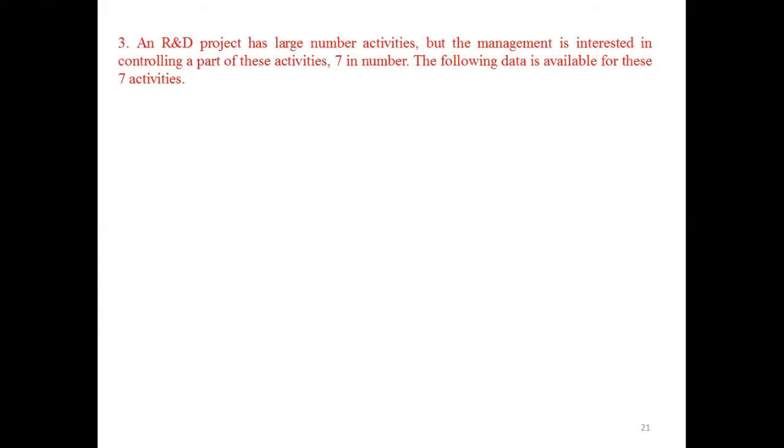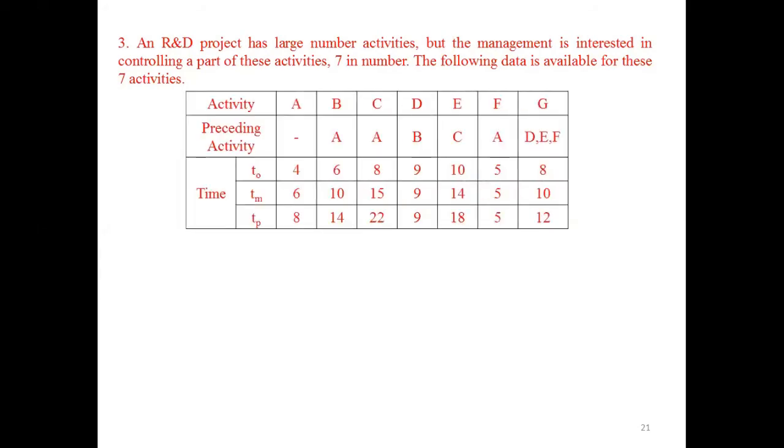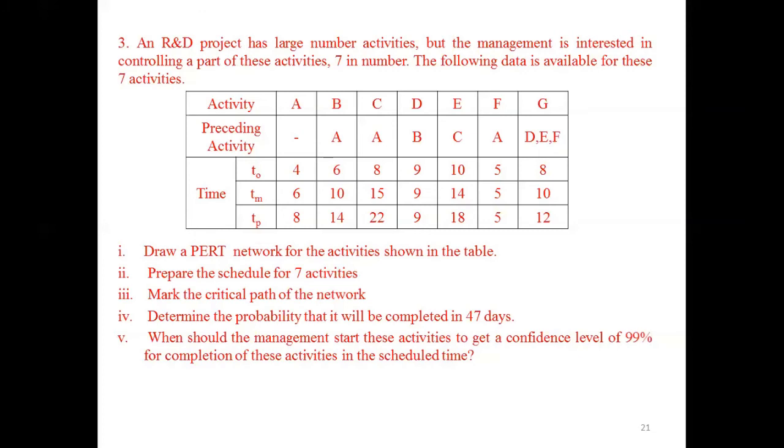The following data is available for these 7 activities A, B, C, D, E, F, G, with T0, TM, TP, and preceding activity. As usual, you have to draw the network diagram for all the activities, prepare the schedule for the 7 activities, and calculate the critical path.